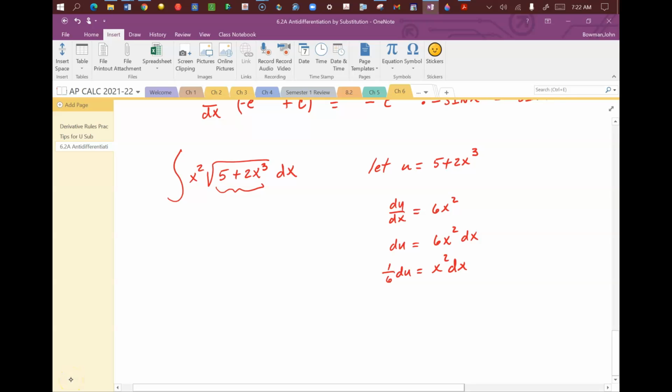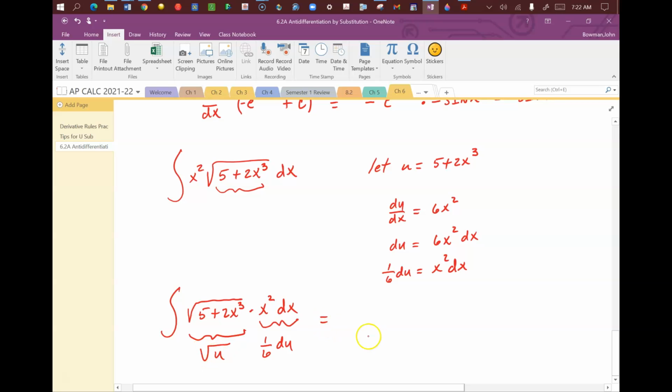So again, I'm going to rearrange the order of my integrand because it's simply multiplication. I'm going to write it as the square root of 5 plus 2x cubed times x squared dx. All right, well, I know that I can replace x squared dx with 1/6 du, and I can replace the square root of 5 plus 2x cubed with the square root of u.